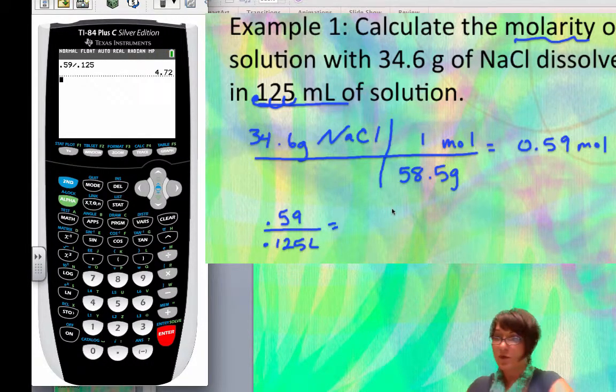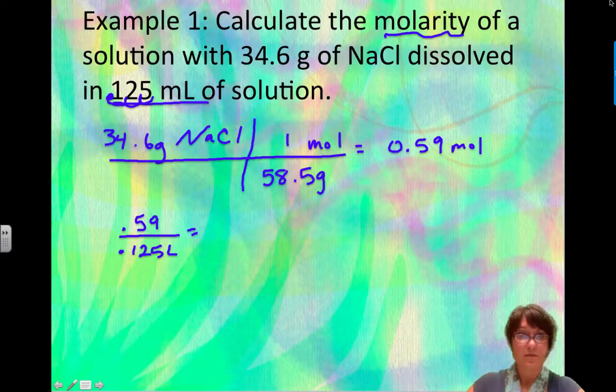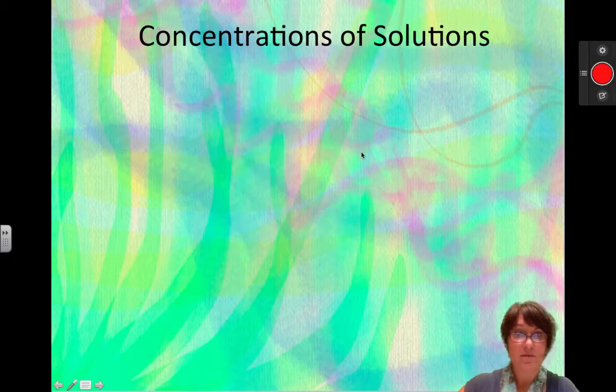That's it. 4.72 molar. So we write 4.72 big M and then put your label on it, NaCl. Put a box around your answer because that's the way I like it.